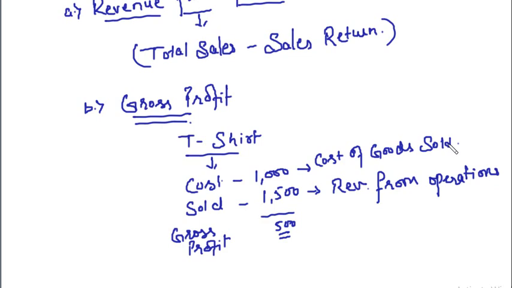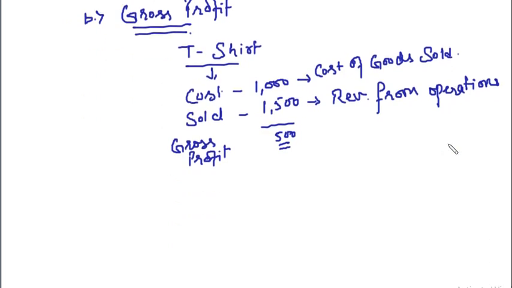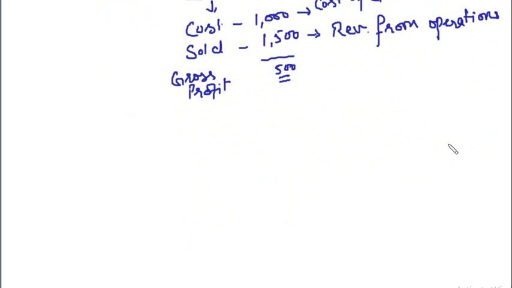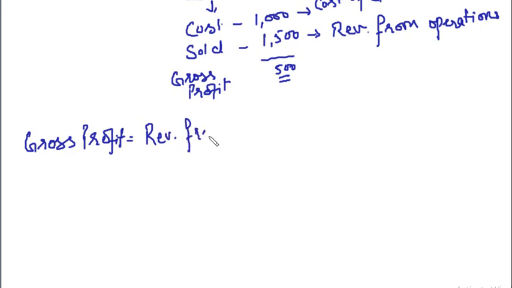Clear? So 500 is your gross profit, and if we talk in proper accounting terms, I'll say gross profit is equal to revenue from operations minus cost of goods sold.